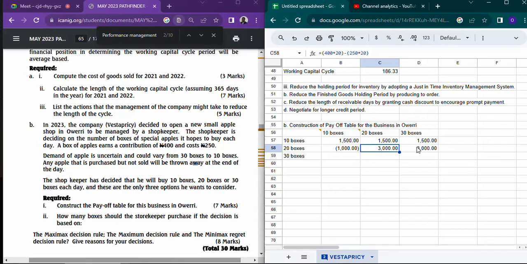When they are demanding for 30 boxes, how many boxes can you sell? You bought 20. If people want to buy 30, how many can you sell? 20. So that's why you have the 20 boxes repeated in 30 boxes, because you cannot sell more than 20 boxes.